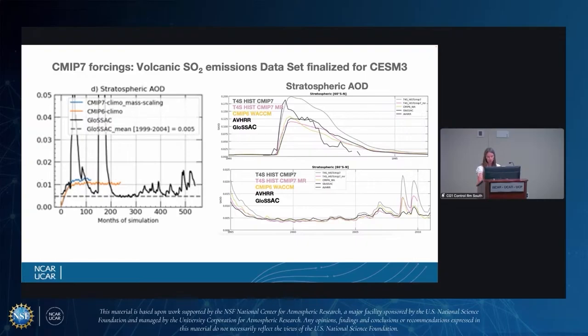We also ran the new data set in our T4S mid-top model, and the old CMIP6 data set is shown in pink and the new CMIP7 in yellow gold. There isn't that much difference over the Mount Pinatubo period, as well as for later times, 1995 to 2015, for small volcanoes. It's fairly similar to what we had before.